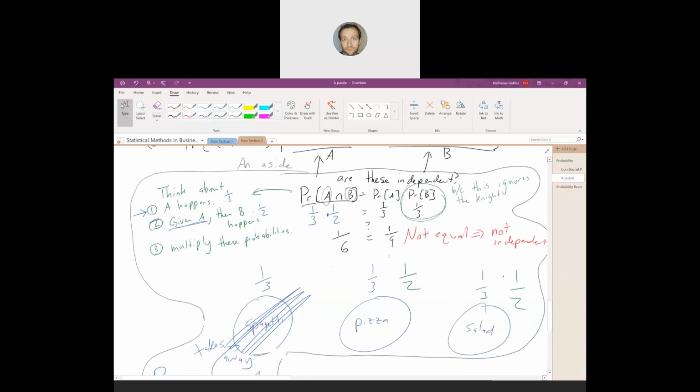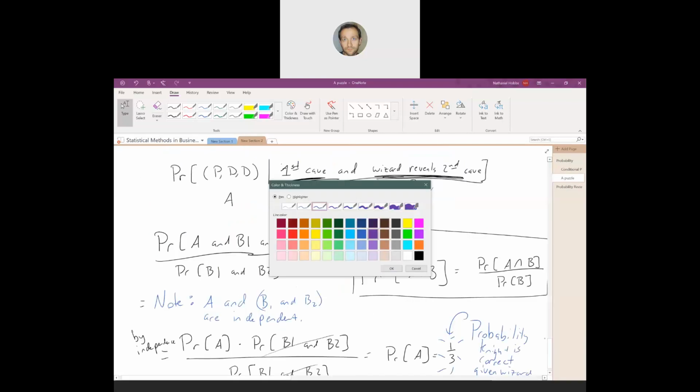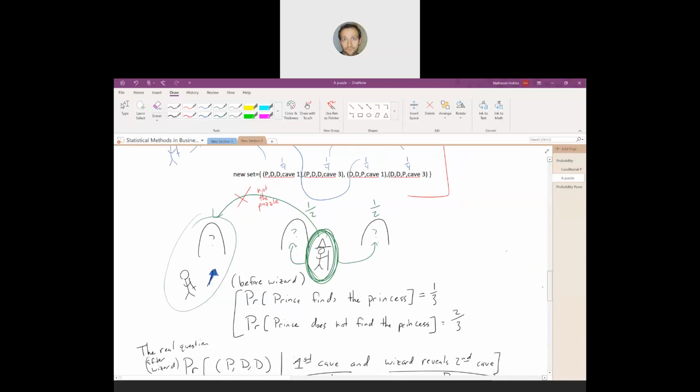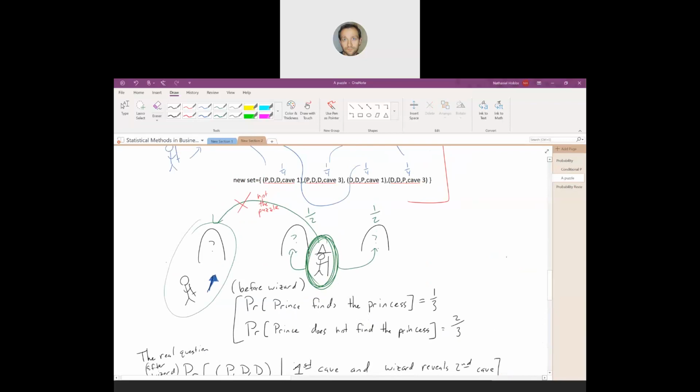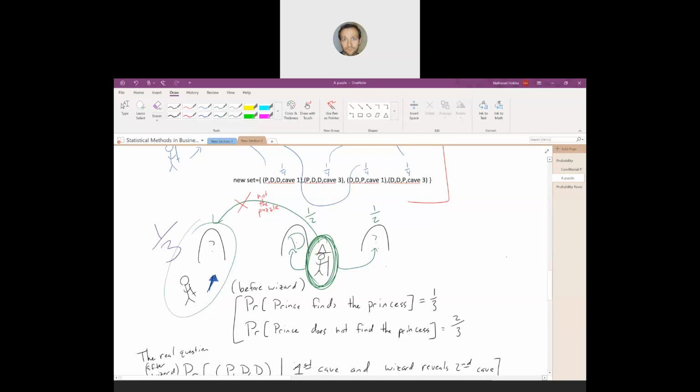Keep in mind that in this new world now, we've just calculated that he has a 1/3 chance of being correct if he chooses this first cave, given that the wizard revealed a dragon in the second cave, which means that for sure the knight isn't going to choose the second cave.